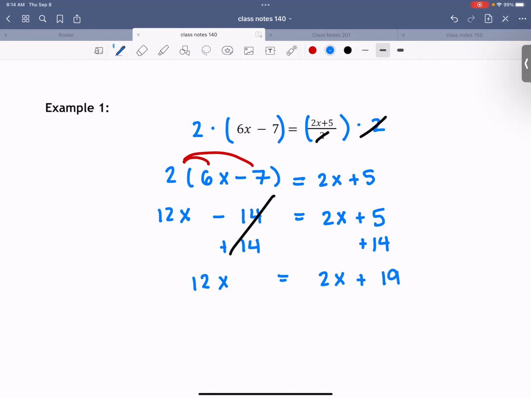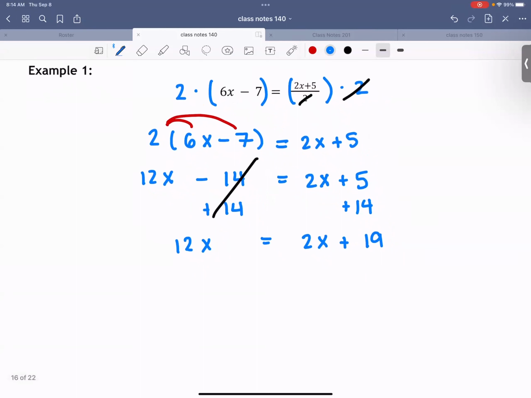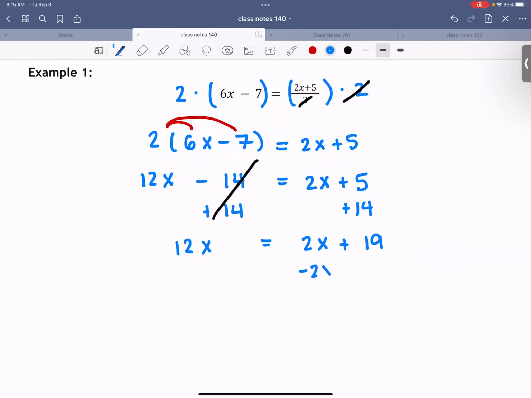Good. I'm not very good at mental math, so it's good that I have people to check me on that. All right, next step. Perfect. Subtract the 2x on both sides. Okay. On the left-hand side, I'm going to have 10x, right?